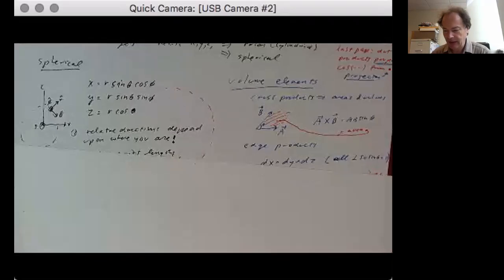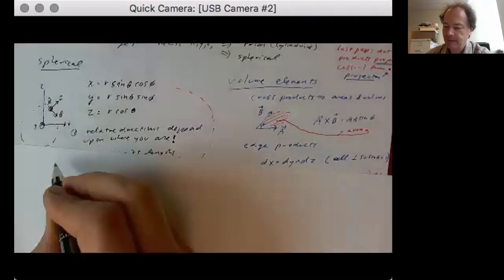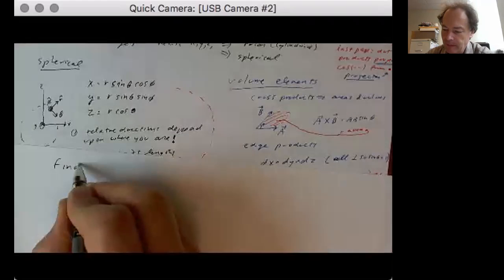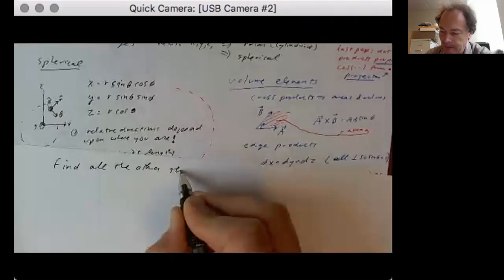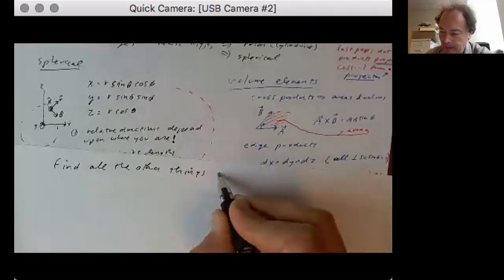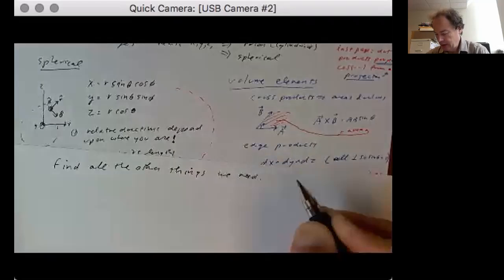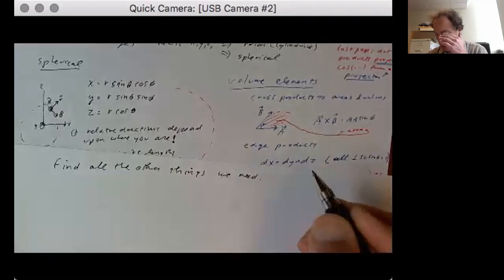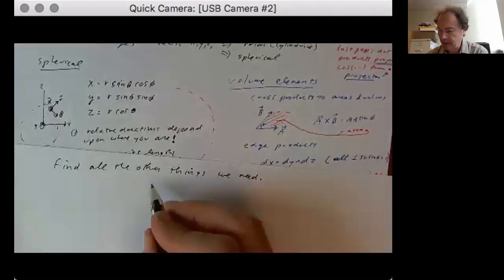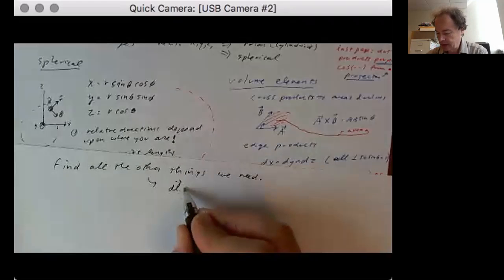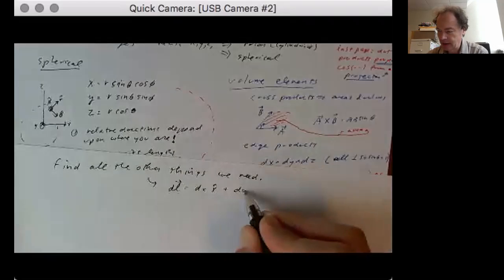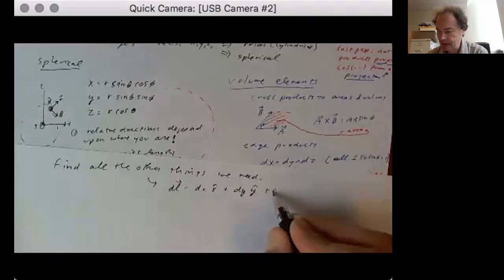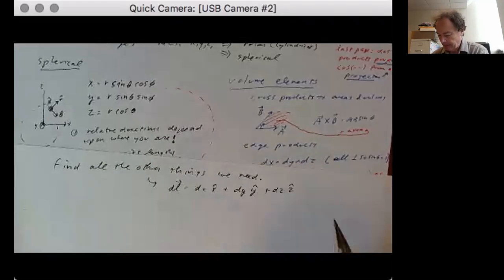But now let's find all the other things we need. For example, the other things I'm talking about: dl, which is equal to dx x hat plus dy y hat plus dz z hat.